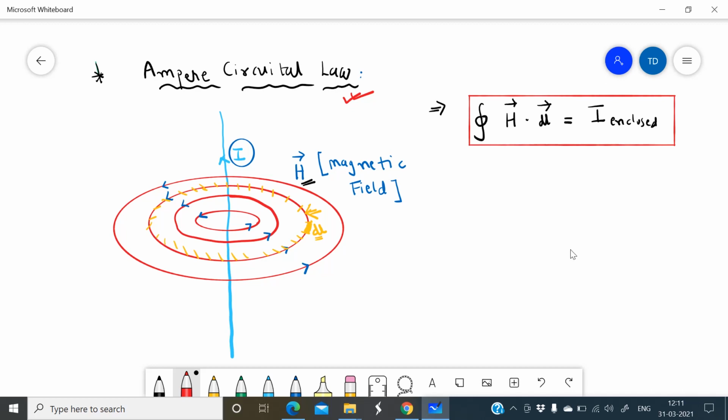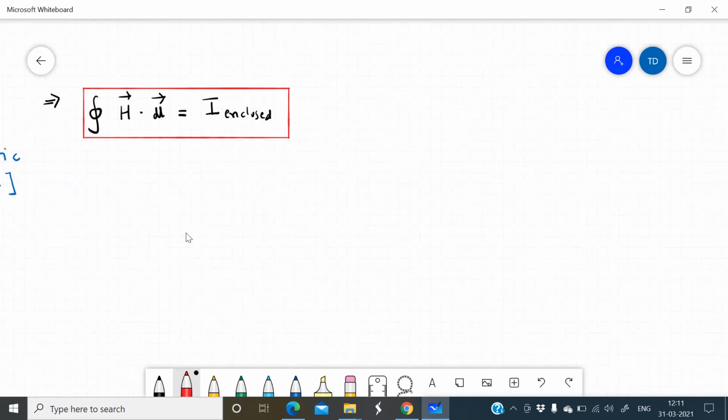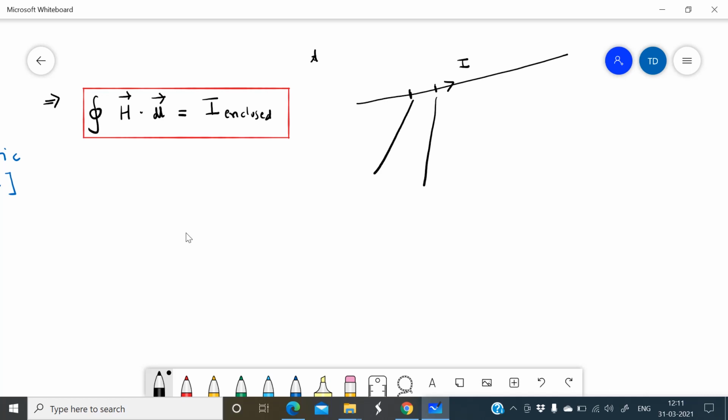Now I will take one example. Suppose there is a long wire and the current is passing through this wire. I will take a small portion of this wire and zoom into it, so it looks like a cylinder.